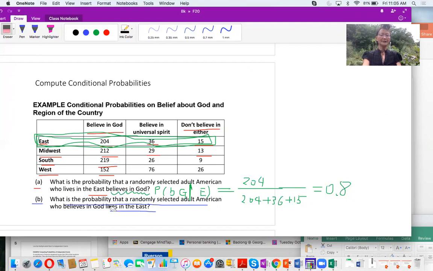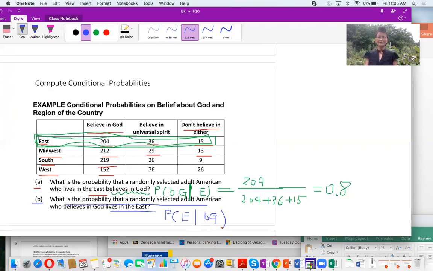This second question asks, what is the probability of living in the East, given the condition that these people believe in God?